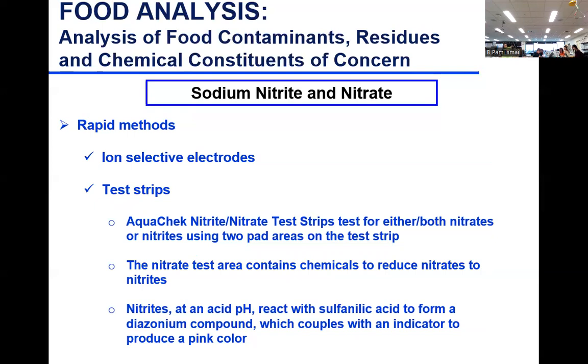Rapid methods include the ion selective electrodes that Dan talked about in the minerals section, and test strips as well. Don't have to remember the concept here.